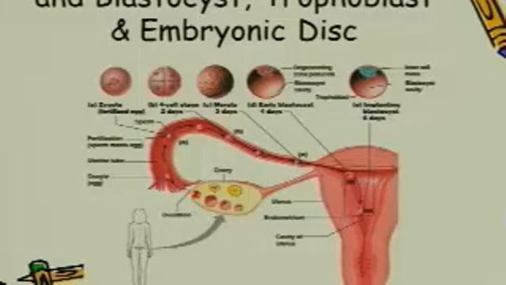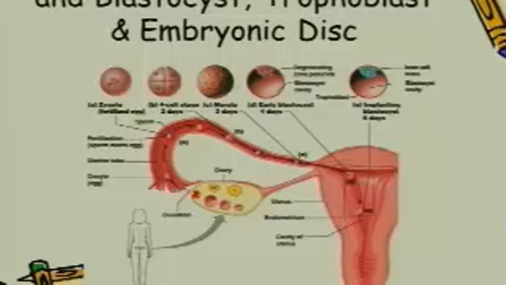The reason the blastocyst starts to form that space is that it starts to divide into two major portions of the embryo. You can see the inner cell mass, which is the fourth circle from the left, and around it, the fifth circle from the left, is what's called the trophoblast.